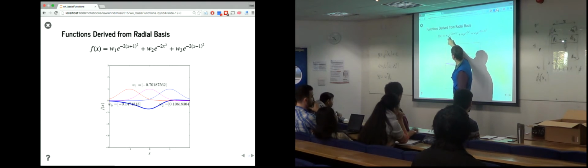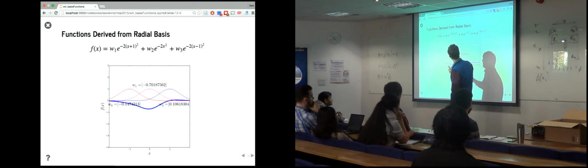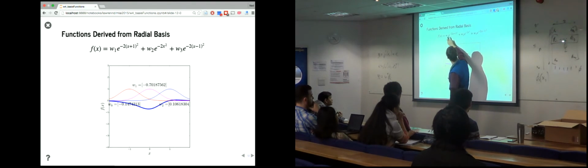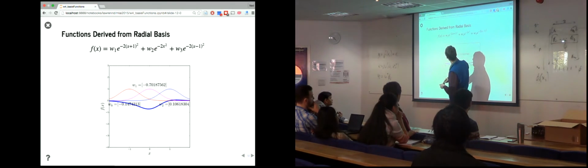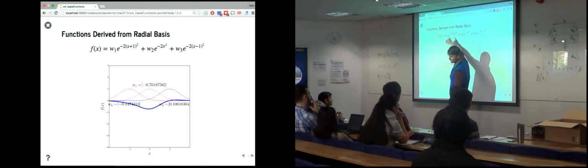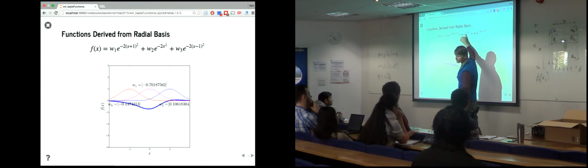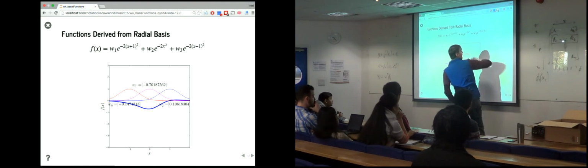What we do for each data point, we take x1, put it into this, so I've had W0. So this function here is phi 1. And this function here is phi 2.